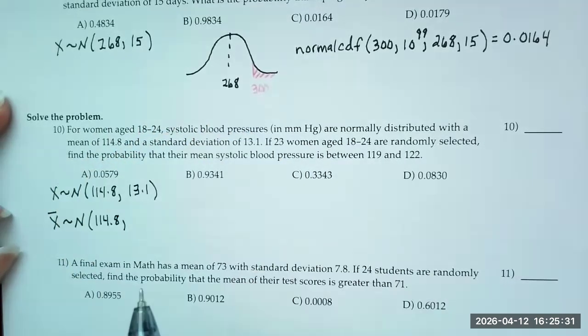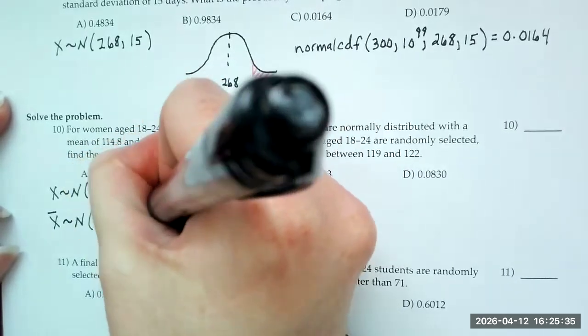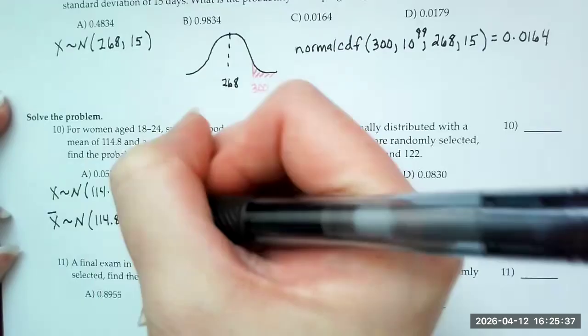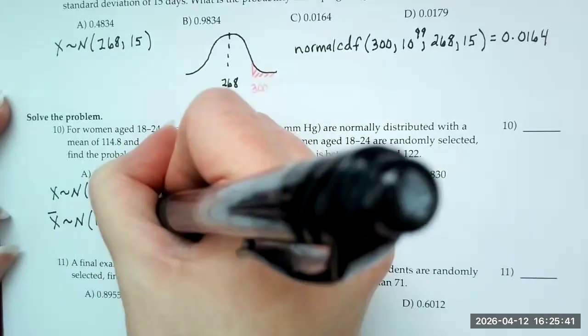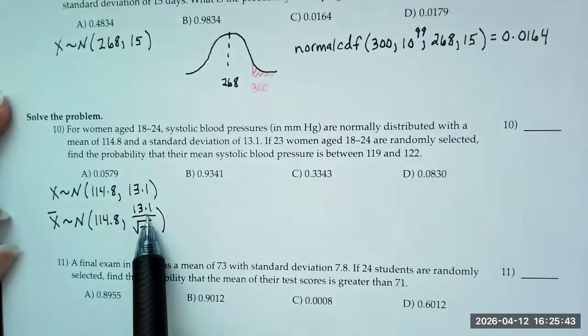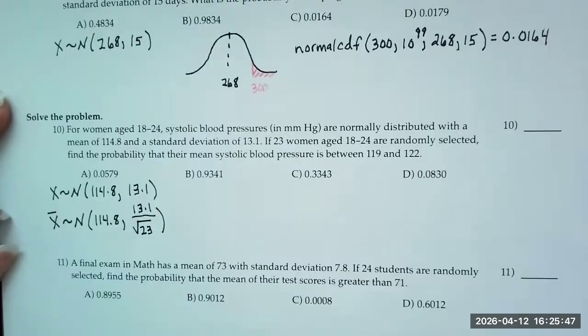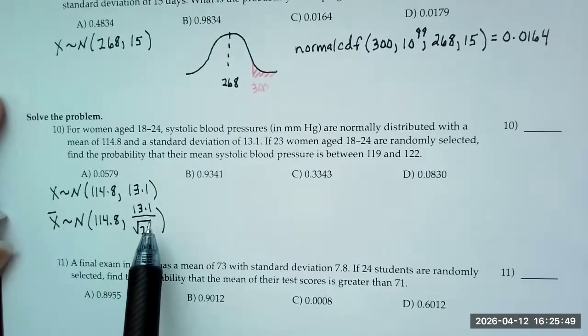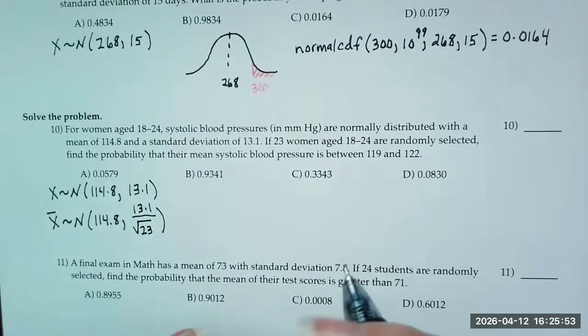We leave that one the same, but now we're going to put the standard error in here. So we're going to put the 13.1 divided by the square root of the sample size, which we said was 23. We need to put the standard error into the calculator when we do the calculation for this one.